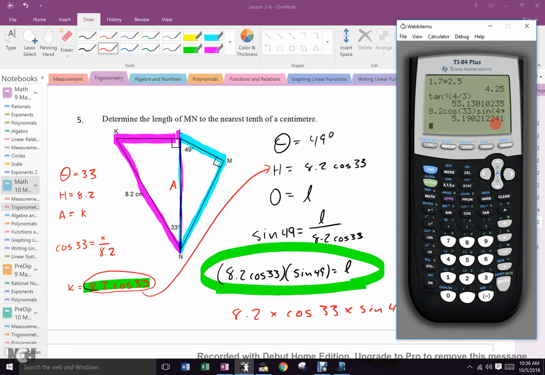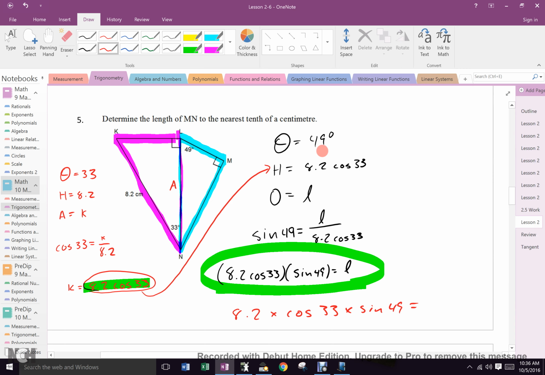Now, if I did it the way you guys originally wanted to do it, I got to go 8.2 cos 33 and round that off to 6 point. You guys would probably use 6.9, yeah? Everyone agree? Okay. So this is now 6.9.